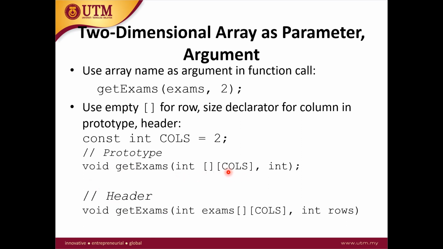This is going to be the rows, and this is going to be the columns. Okay, and then we need to specify the size as an integer, but we need to write down the columns as well, the size of the columns, whether it's a variable or a hard-coded number. Then in the header we also need to specify the columns, and the size is going to be, for example, rows or whatever. Even in the calling function we need to specify the columns, so this value refers to the columns.